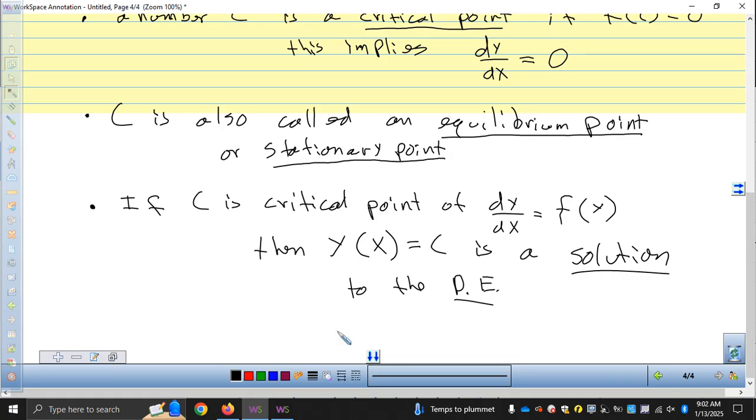So by looking at the critical points of our autonomous differential equation, we can find equilibrium solutions to our differential equation.